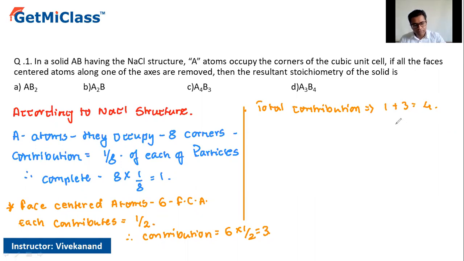Now, if we look at the B atoms, so far we have spoken about A, now for B. The B atoms occupy the octahedral voids.